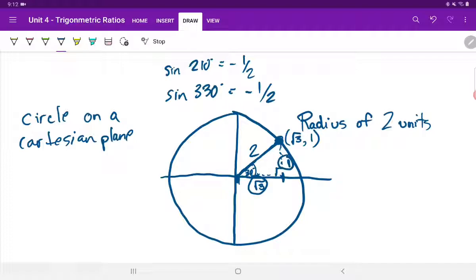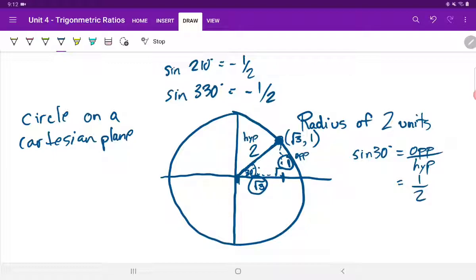It's square root of 3, comma 1. So now it makes sense why the sine of 30 equals 1/2. Because when I do sine of 30 degrees, I know that it's opposite over hypotenuse, which, if this is my angle of reference, this is my opposite side, this is my hypotenuse. So you'd get 1/2.